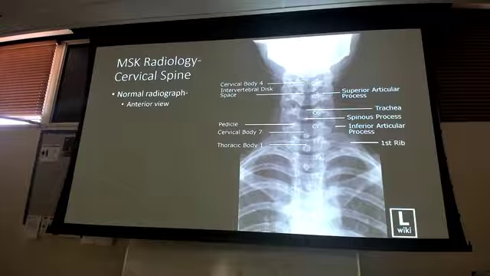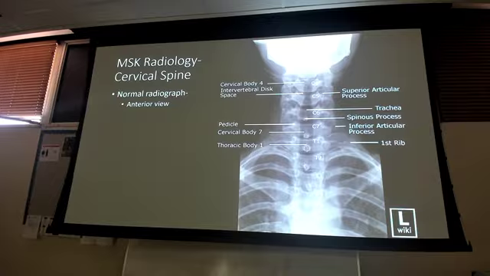Even if it's not labeled, you know the thoracic vertebrae have ribs. It's the only vertebrae that have ribs. So since I can follow ribs up and I can see ribs coming in right here, that's T1, and now I can go C7, C6, C5, C4, and count up from T1.